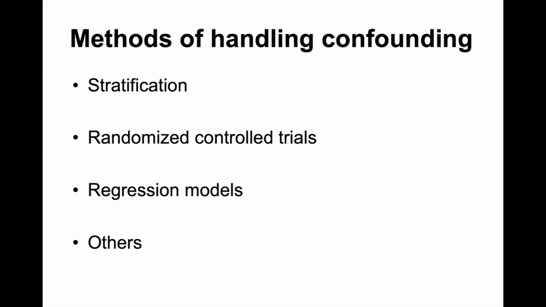So it's almost like two randomized controlled trials within a randomized controlled trial, because you're assigning, we want 50% of the participants to be female sex, 50% to be male sex. So it's kind of like two mini randomized controlled trials. But that's called stratification.